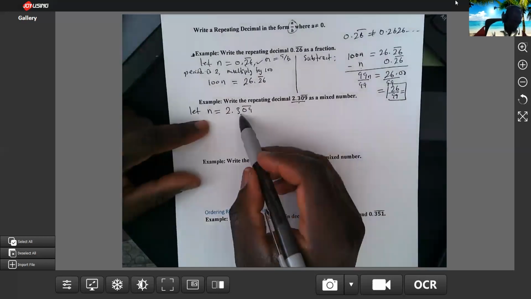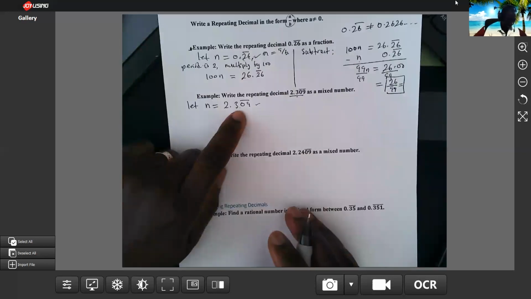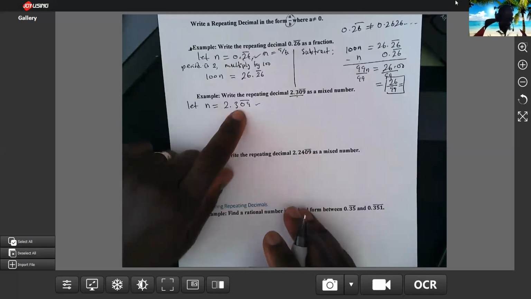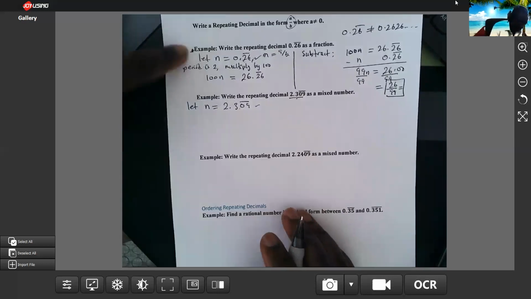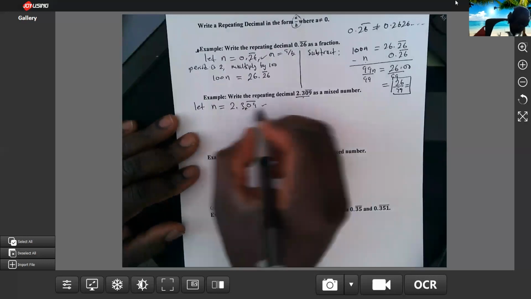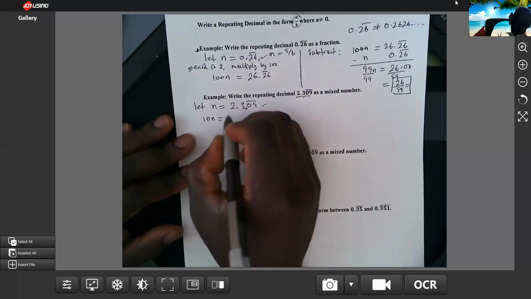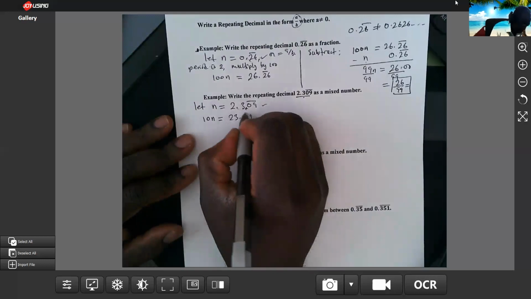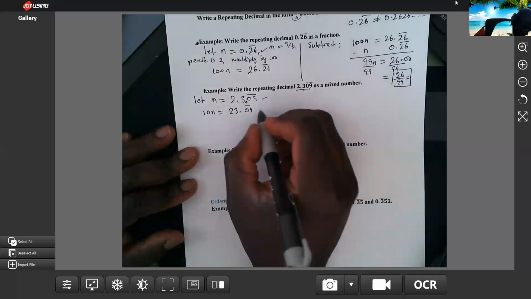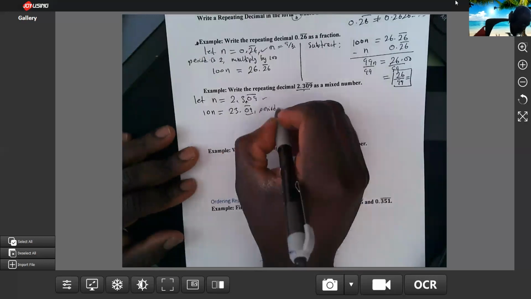I want to write this number such that the repeatend comes right after the decimal point, just like in the first example. So I move the decimal to the right by multiplying both sides by 10, so I get 10n equal to 23.09 repeating. Now again, the period is 2.